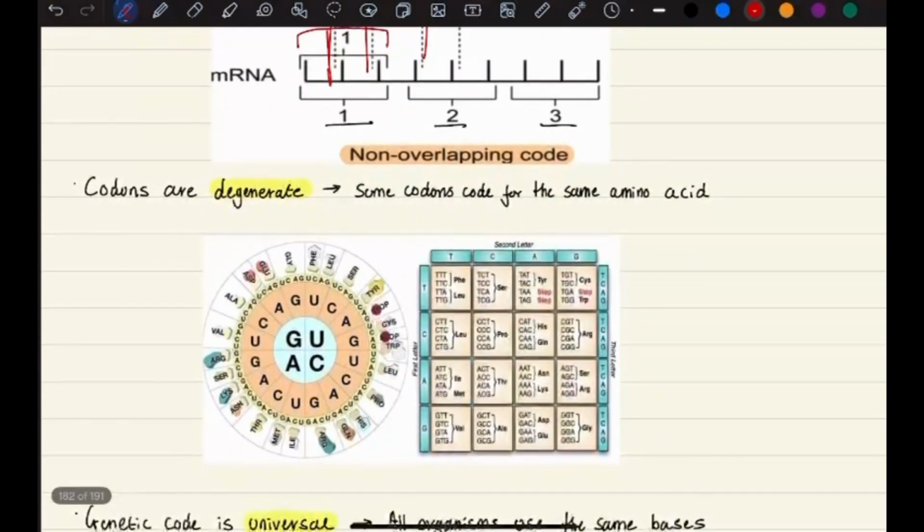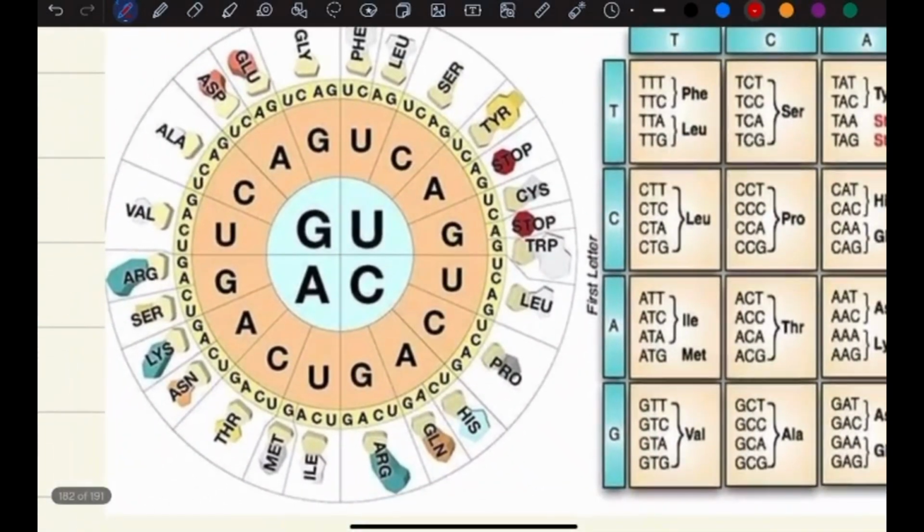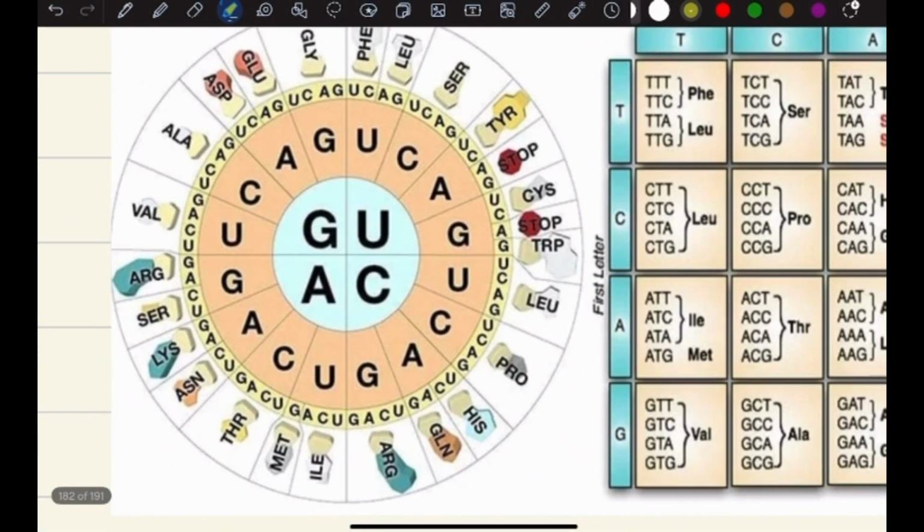Then degenerate. Some codons code for the same amino acid. Let's quickly show an example here. You see leucine here, UAG. So you could be UUA. You need to learn how to use these diagrams, by the way. You start with the big one, then you go to this one, then you go to one of these. So if we're talking about leucine, it would be U, and then A, or UUG.